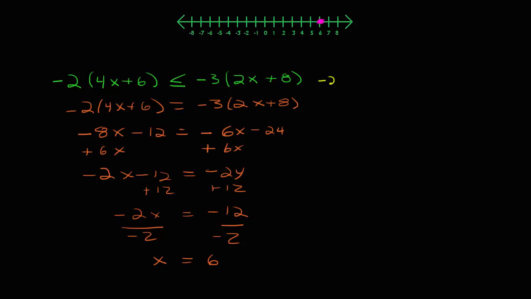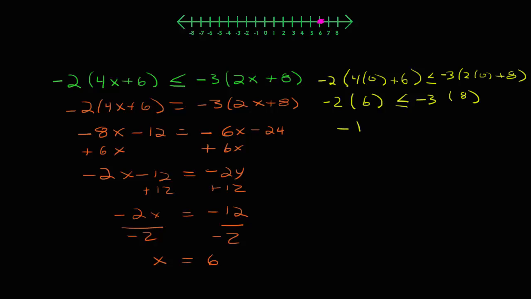We get negative 2 times 4 times 0 plus 6, and we're going to see if that is in fact less than or equal to negative 3 times 2 times 0 plus 8. So we get negative 2 times 6. Is that less than or equal to negative 3 times 8?